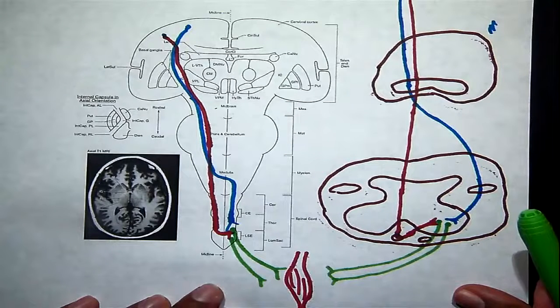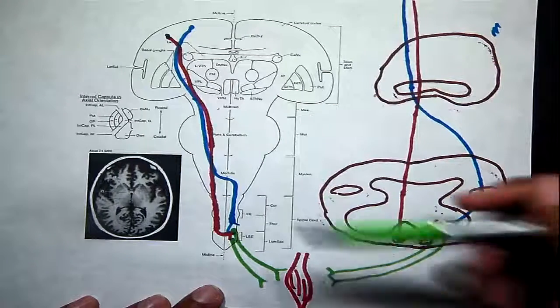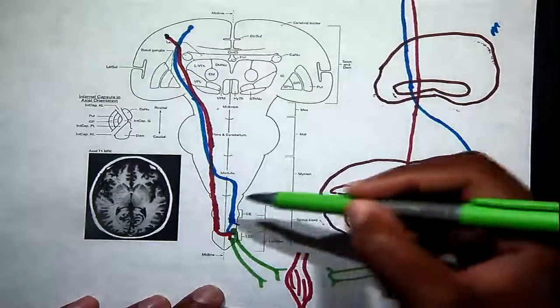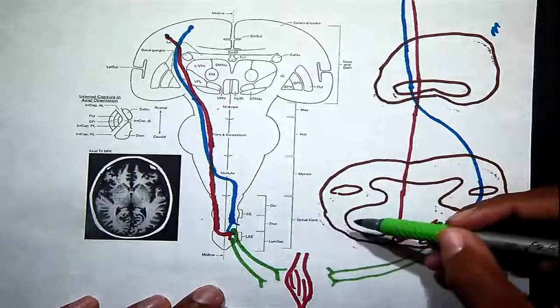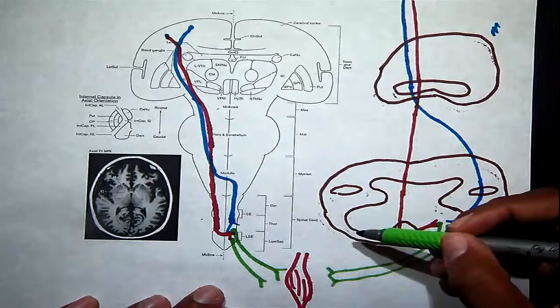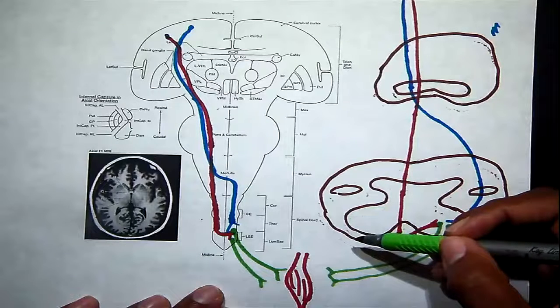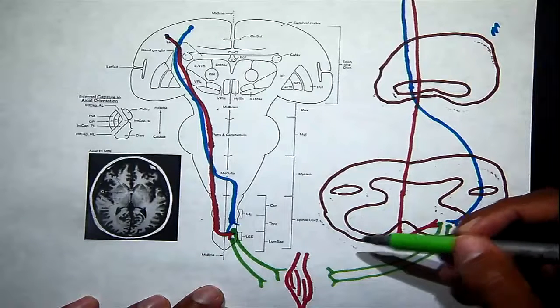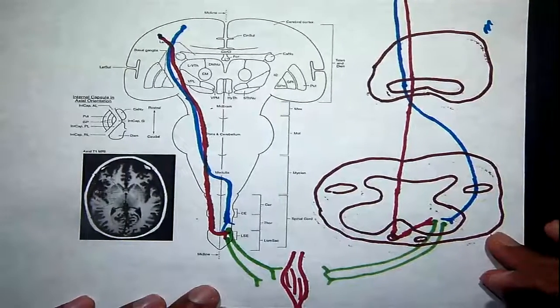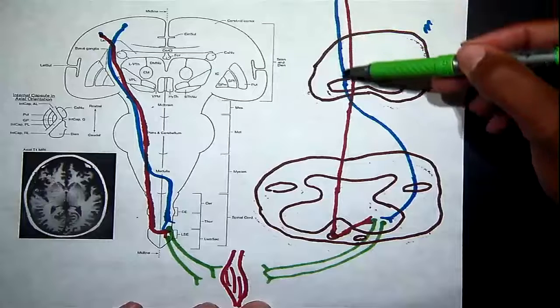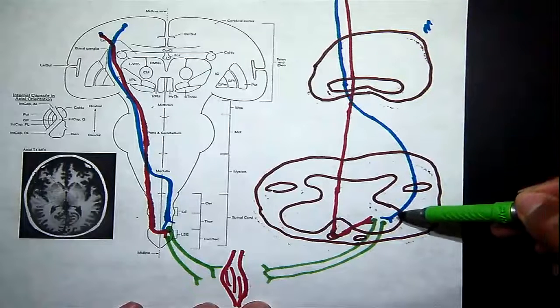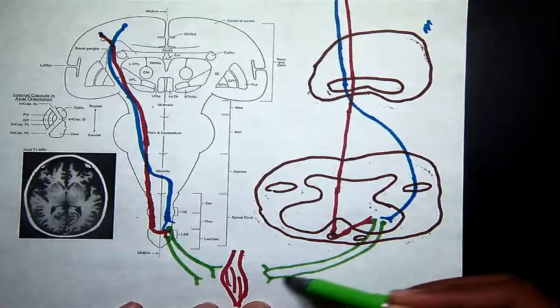If the lesion is within the spinal cord, for instance, at the thoracic level of the spinal cord, it will cause an ipsilateral loss of function in the limbs. This is all motor function. Also, be very, very aware of the difference between upper motor neurons and lower motor neurons.